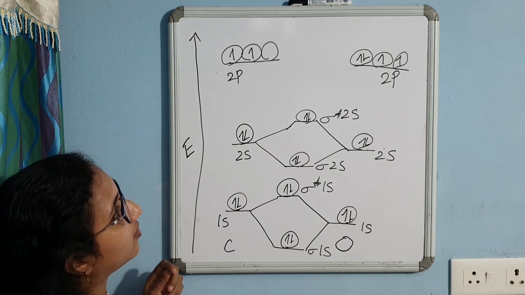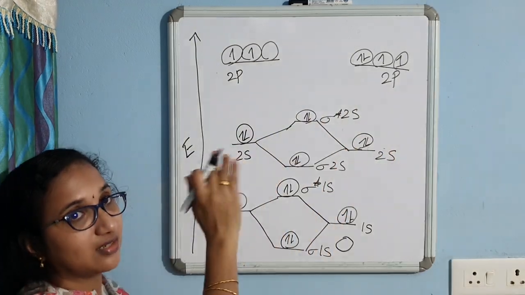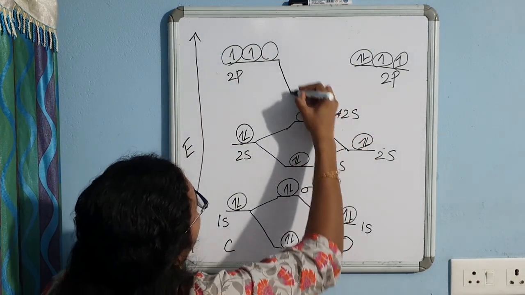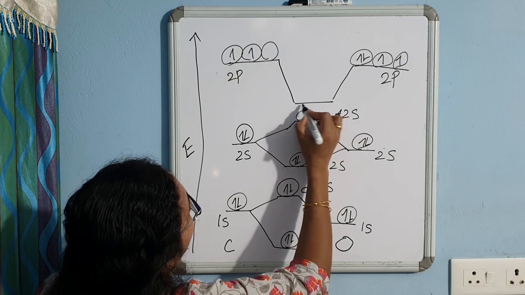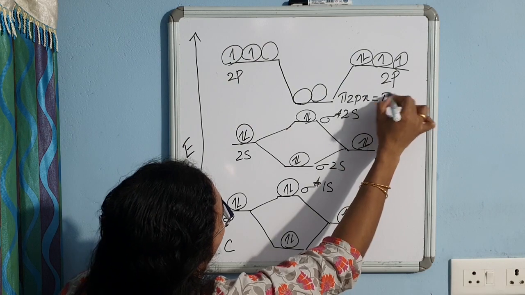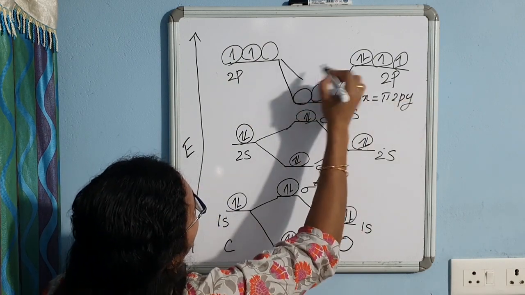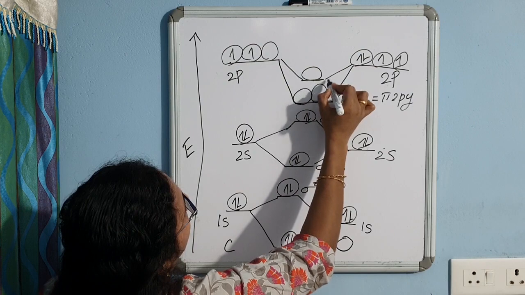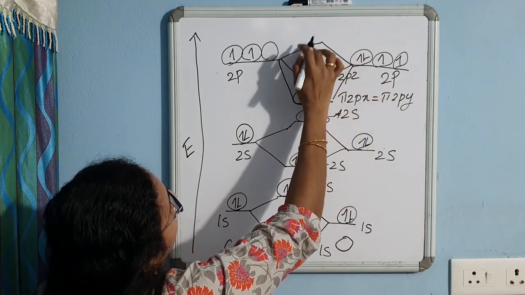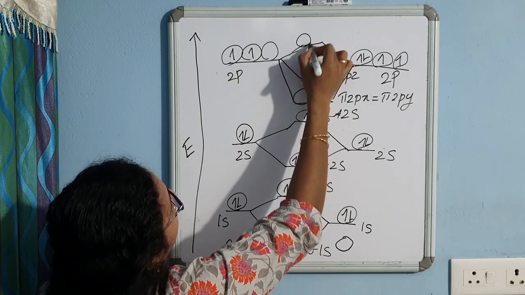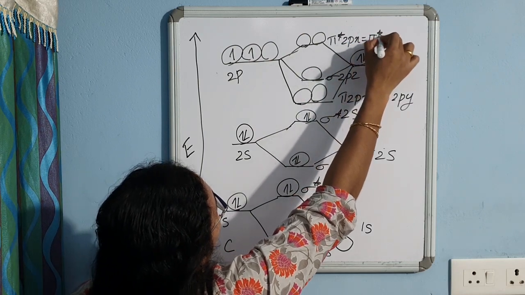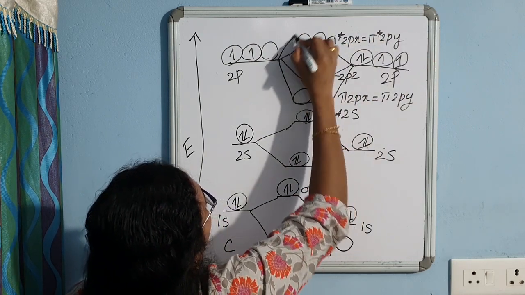For homonuclear diatomic, on either side the atomic configurations are the same, but here it is not so, and they combine to give the 3 bonding orbitals, that is pi 2px equals pi 2py, sigma 2pz, and the antibonding pi star 2px equals pi star 2py.